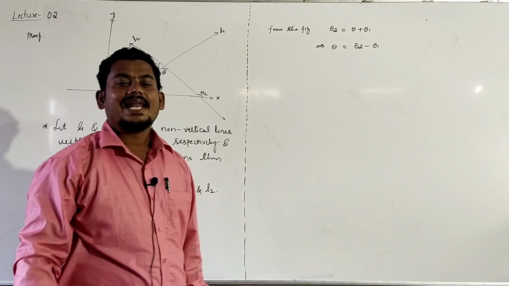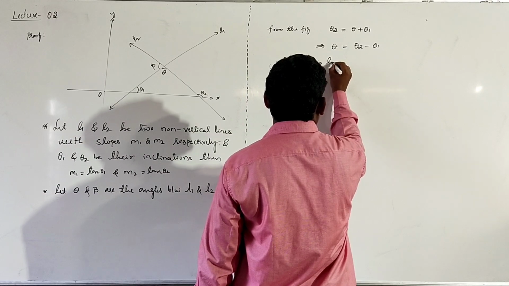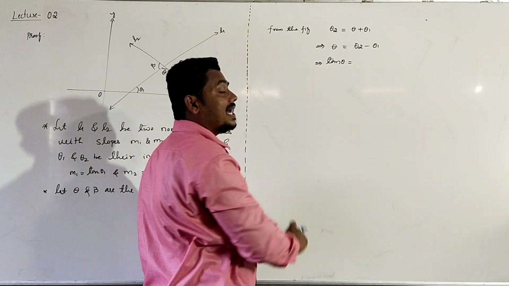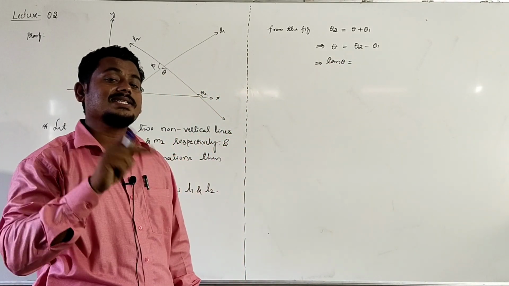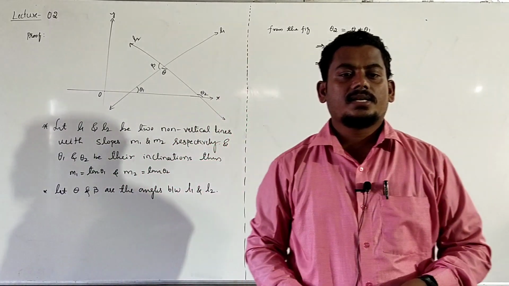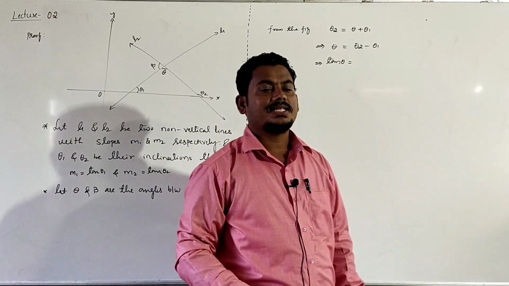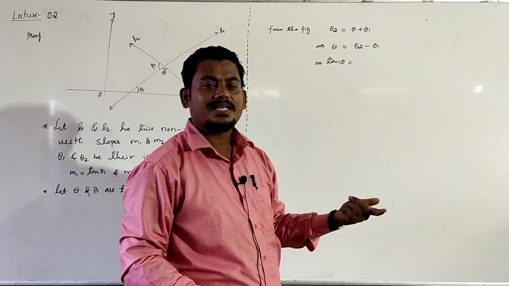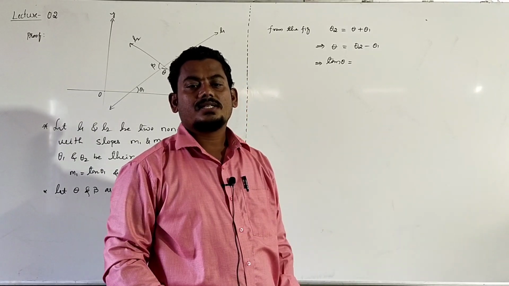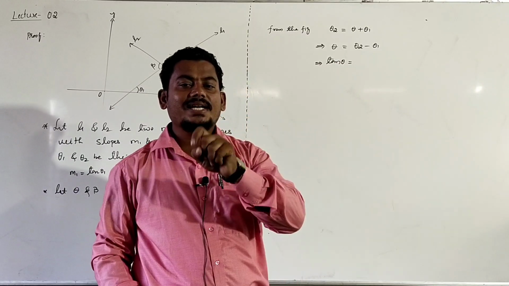After that, taking tan on both sides. Here theta is the angle between two straight lines. Tan theta is equal to, in this case tan theta is not slope. Why is it not so? Tan theta is the slope of the straight line only when theta is inclination.